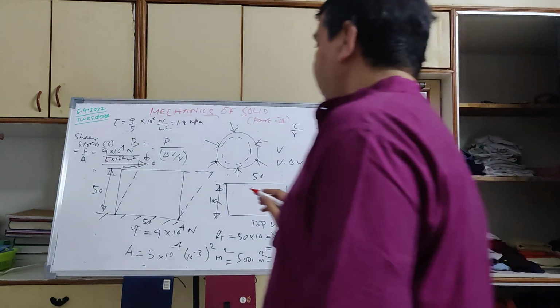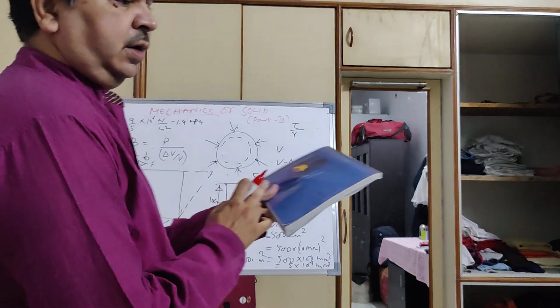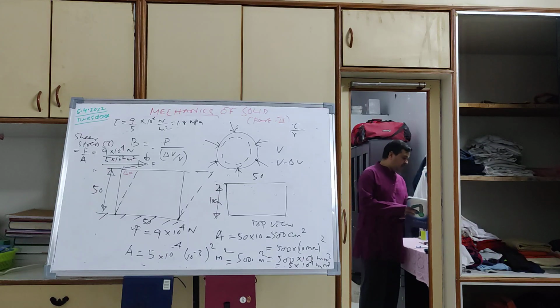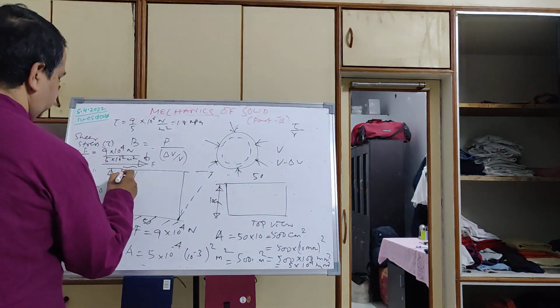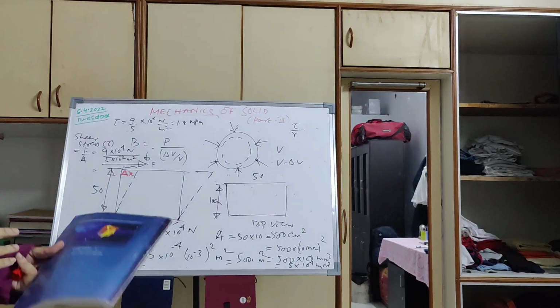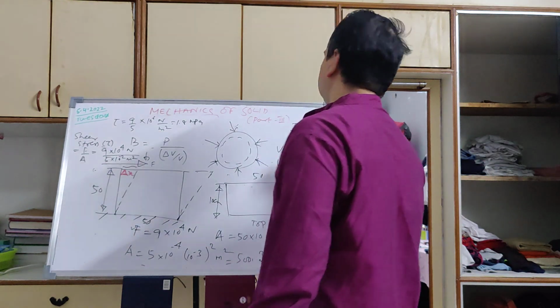Again, we want to find out del x, your aim is to find out by how much it has got displaced. So tau by gamma is nothing but your shear modulus.